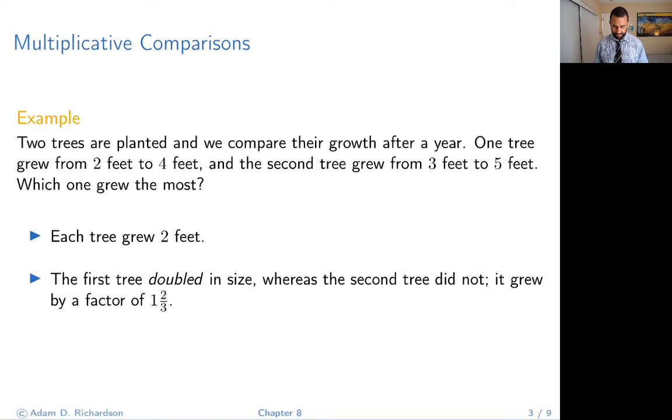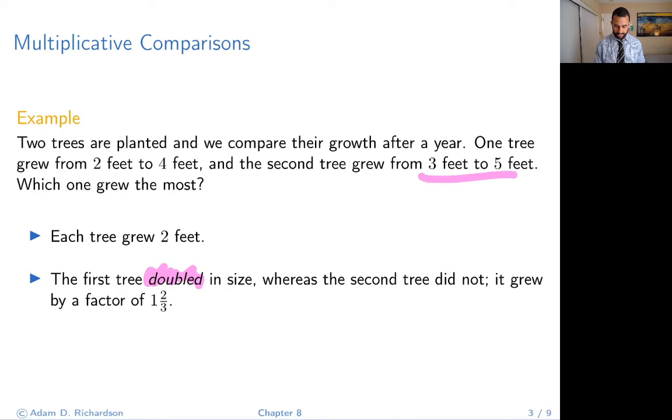But here's the thing. The first tree doubled in size. You see that? It went from 2 feet to 4 feet, so it doubled in size. It's now twice as tall as it was last year. But the second tree did not. It didn't double its size, right? Because it went from 3 to 5 feet. So if it had doubled, it would have been 6 feet, right?